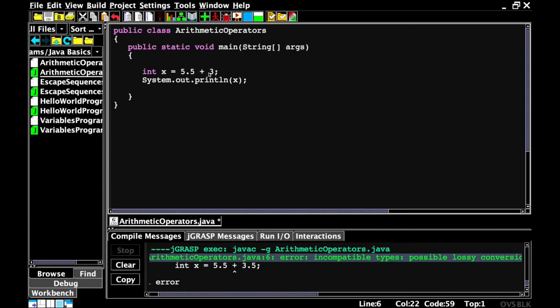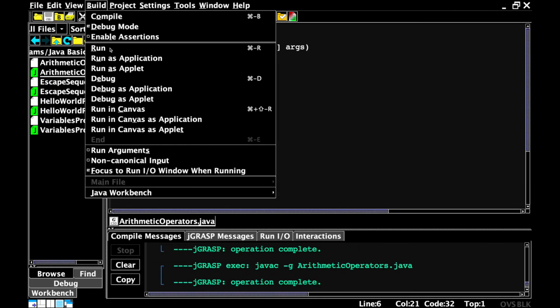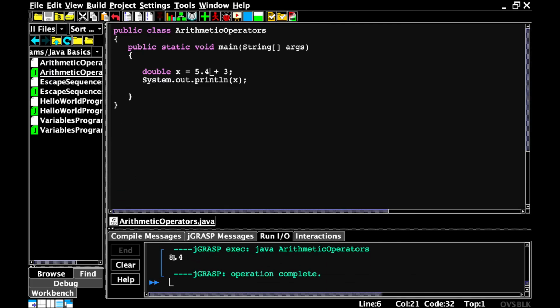So make sure to not have decimal points when you're utilizing integers. However, when we print out double x is equal to 5.4 plus 3, we should get a double, 8.4.